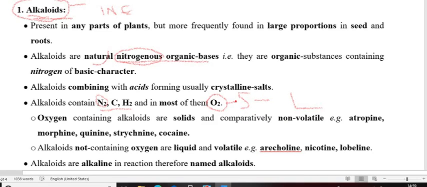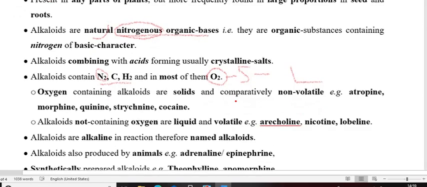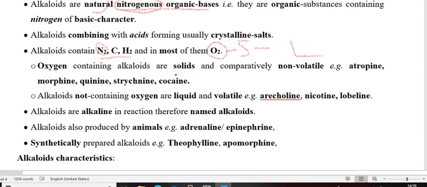So under this, the solid alkaloid examples are atropine, morphine. These are two very important alkaloids. Then strychnine is another very important alkaloid. Quinine, that is used for malaria treatment. Then cocaine.